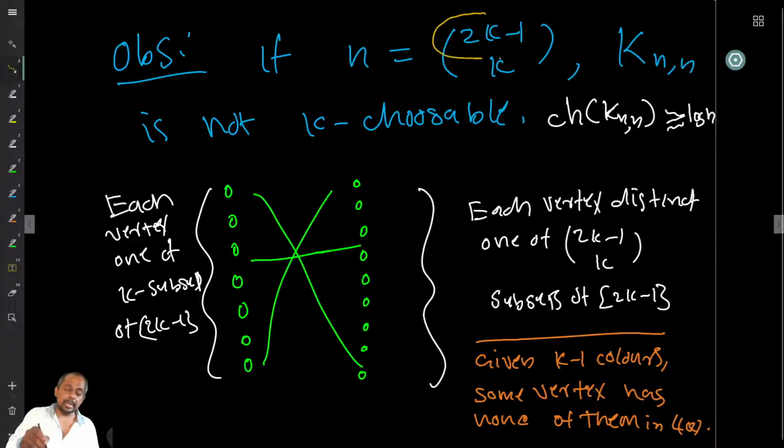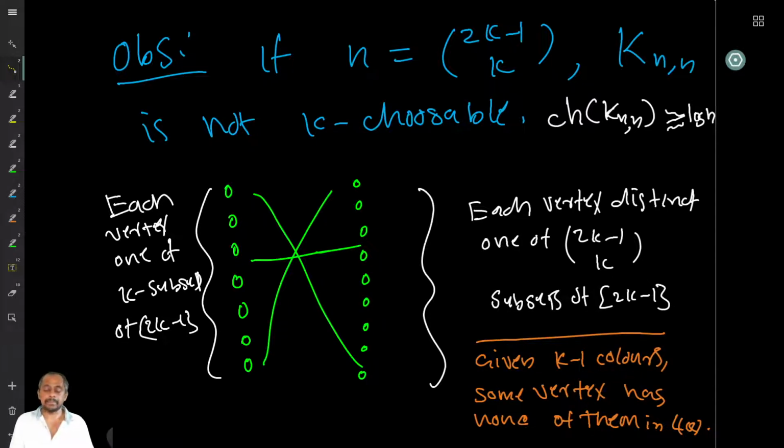Since I have 2k minus 1 possible colors, one of the lists will be within the complement of this particular set. So for some vertex, these k minus 1 colors are not present there.